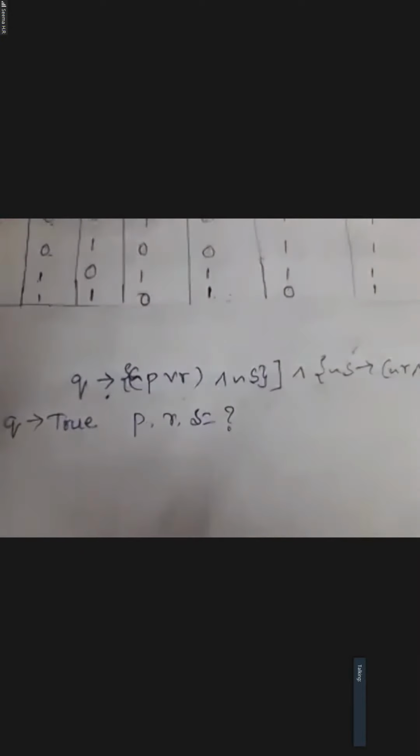So we have to find out the value of P, R, and S. Correct? Yes, ma'am. Okay. So after that, they have given one more value. What is that? Complete the question. So after P, R, and S, for which the truth value of the following compound proposition is 1, means what?